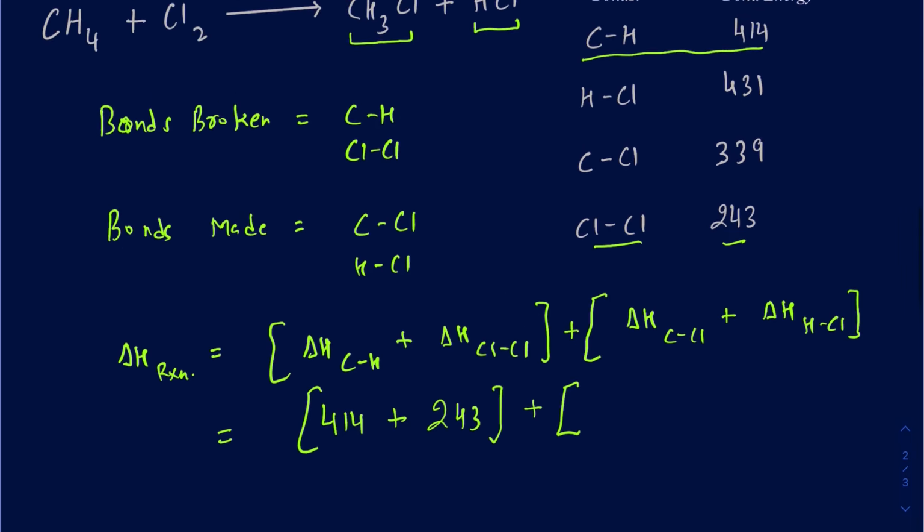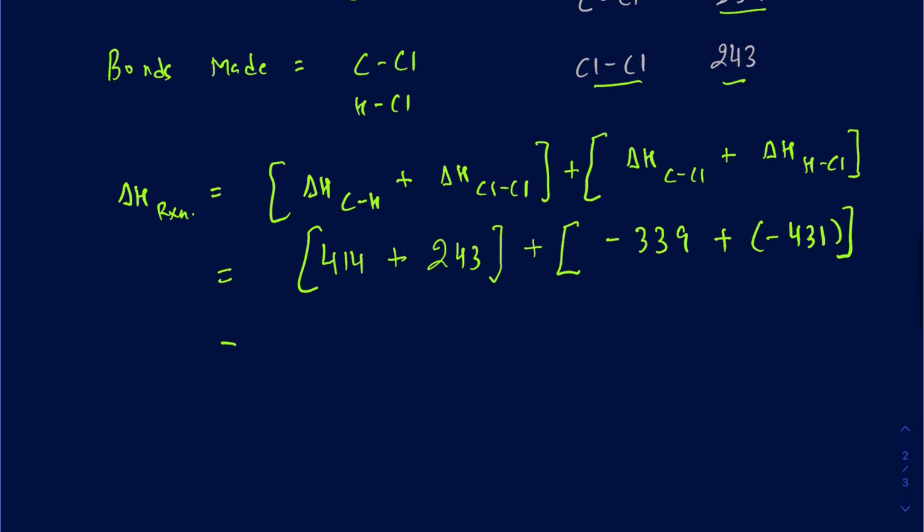Now remember, for your products, since you're making the bonds, this side is going to be exothermic. It's the one releasing the energy, because that's how it always works. Bonds made release energy. So the carbon chlorine bond is 339, so I'll write down negative 339. And then plus another minus for the HCl bond, which is minus 431.